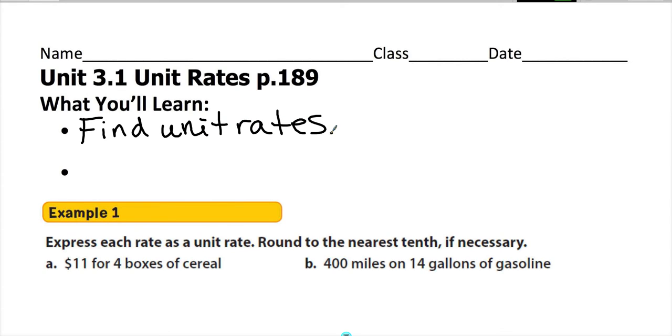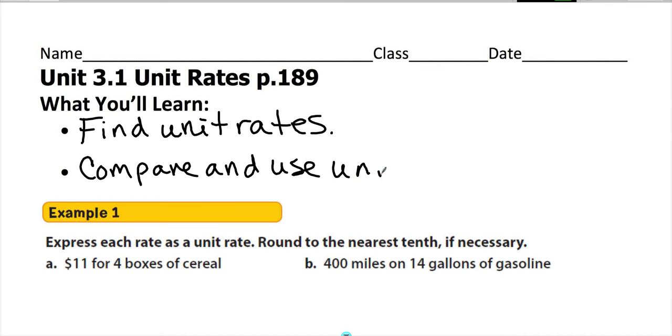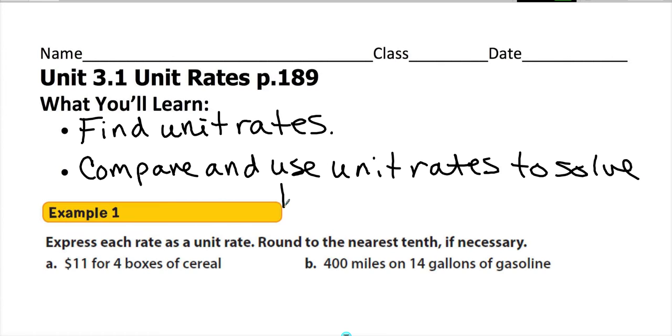And we're going to be able to compare and use unit rates to solve problems.